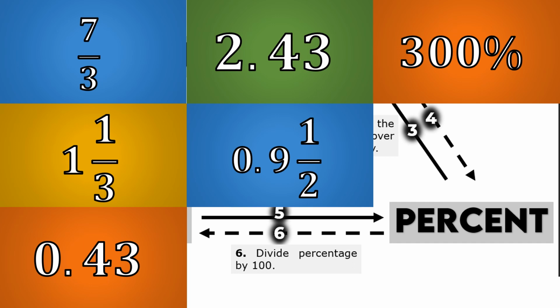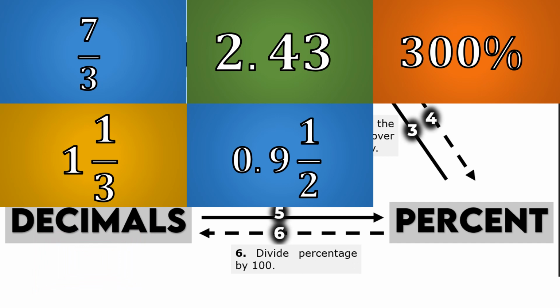So this is as it is since it's already in decimal form. Next, we have 0.9 and 1/2. This is an example of a complex decimal which is equal to 0.95 or 95 hundredths.